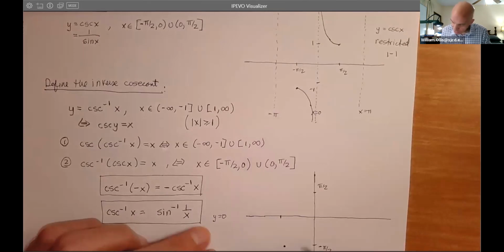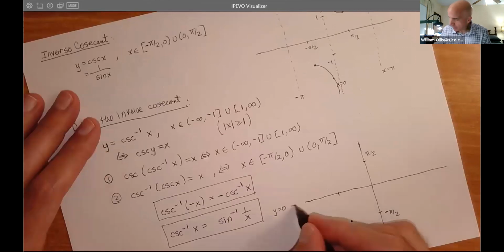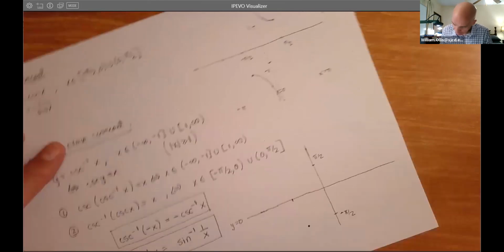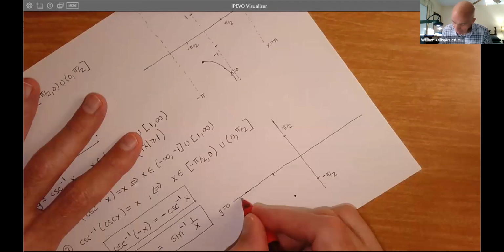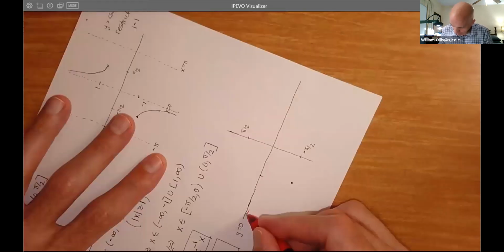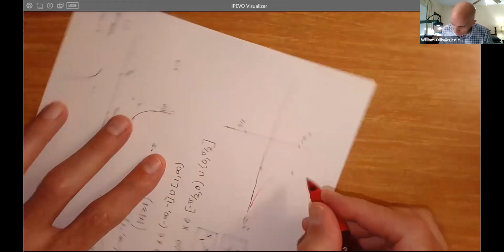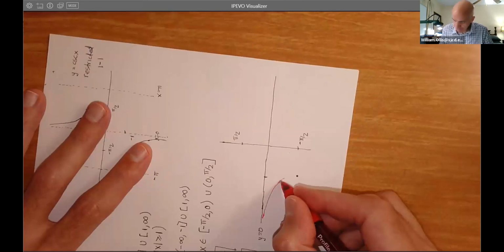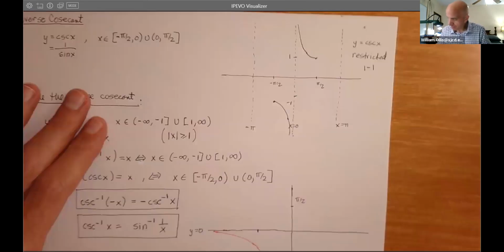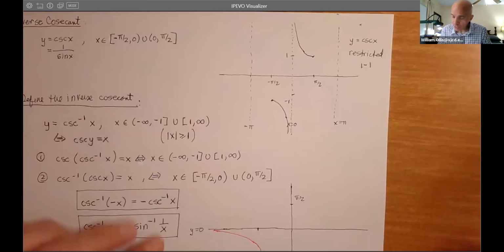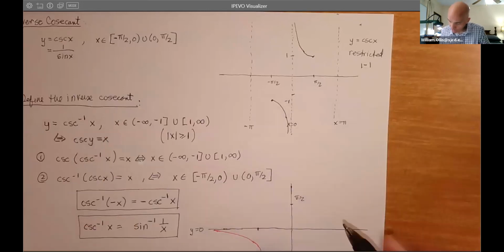So we decrease to the vertical tangent. And then over here, we've got pi over 2, 1, so we get 1, pi over 2.